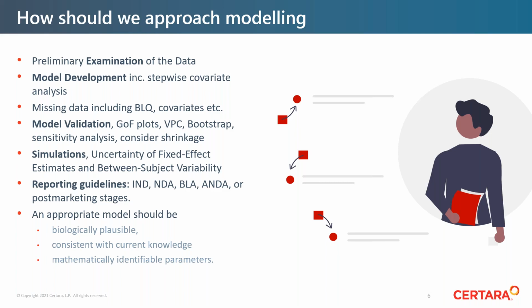Most importantly, when you go into modeling, you have to still consider that although there's the mathematical approach, and you can find a mathematical model that fits anything, is it still biologically plausible? Does it match up with what you know about your compound and biology already? And are those parameters identifiable? Do you have confidence in there? There's no point in having a super complicated model if you can't actually predict anything with confidence.